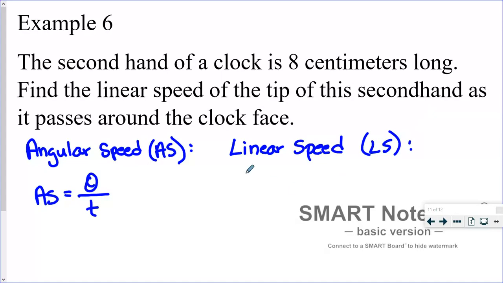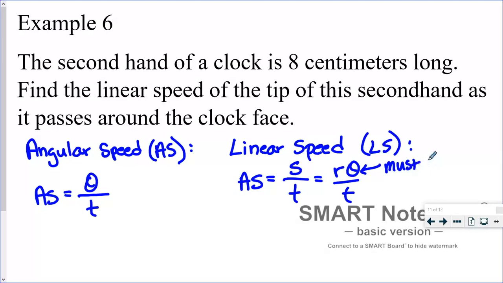So in order to do that, we have to have some length, which we think of as the arc length, divided by some unit of time. Of course, we just talked about the arc length actually being r times theta. So if you notice, these two formulas are very similar. The only difference is you're multiplying by r. Now, for linear speed, since you're using the definition of a radian, this must be in radians. If it is in degrees, you will be very wrong.